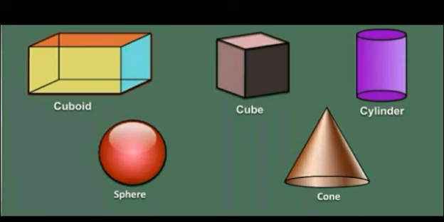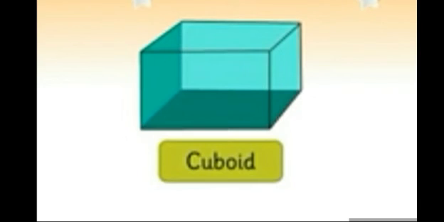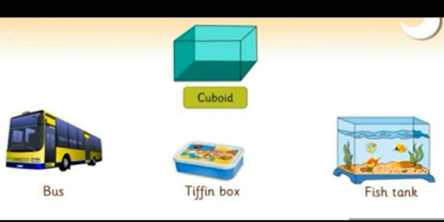Let's see some examples of these shapes. This is a cuboid. Examples of cuboid are a bus, a tiffin box, and a fish tank.